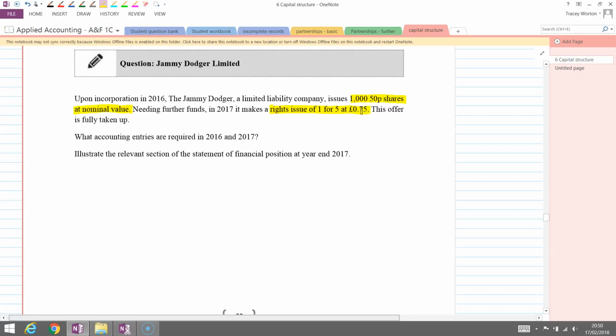This offer is fully taken up, which means all of the existing shareholders will buy their additional 1 share based on the 5 that they currently hold. So we've got to firstly draw up the accounting entries for these 2 years, and secondly have a look to see what it will look like in the equity section of the statement of financial position.